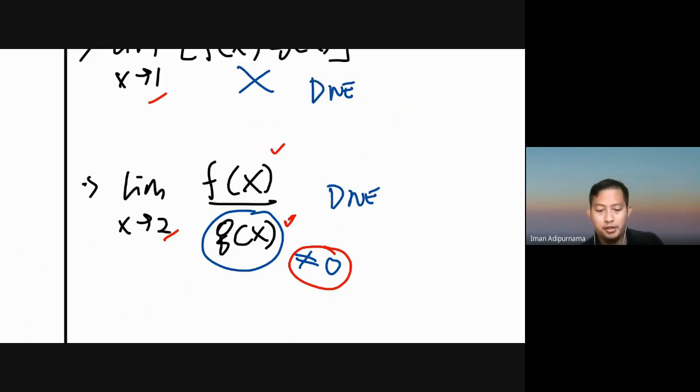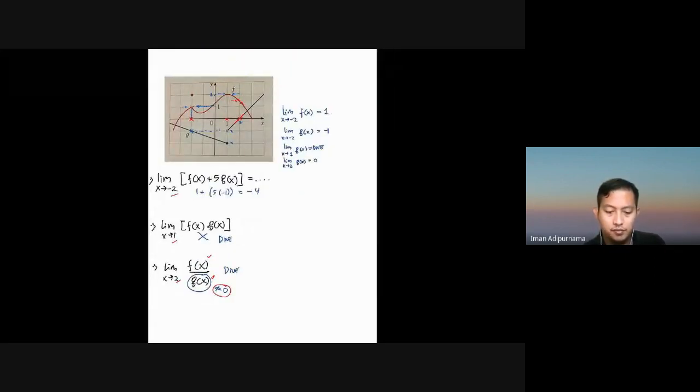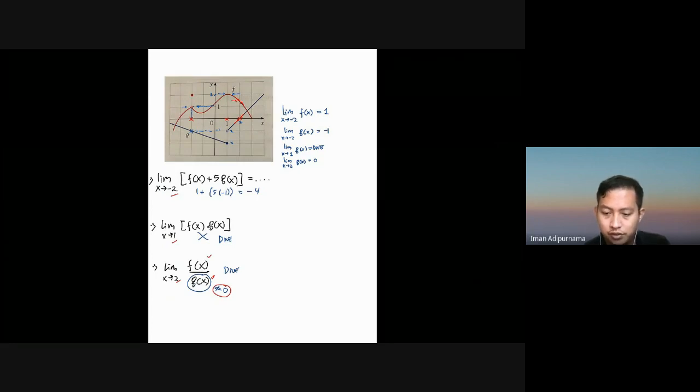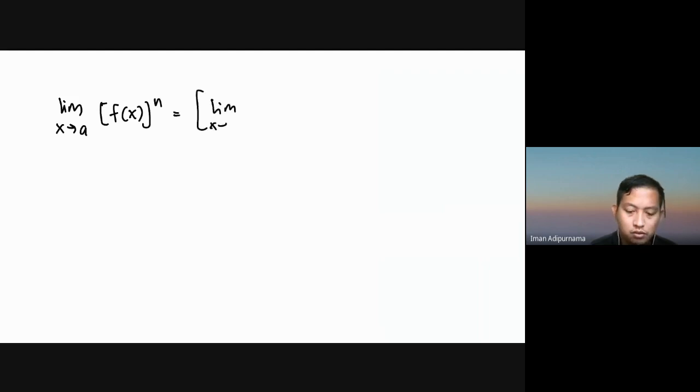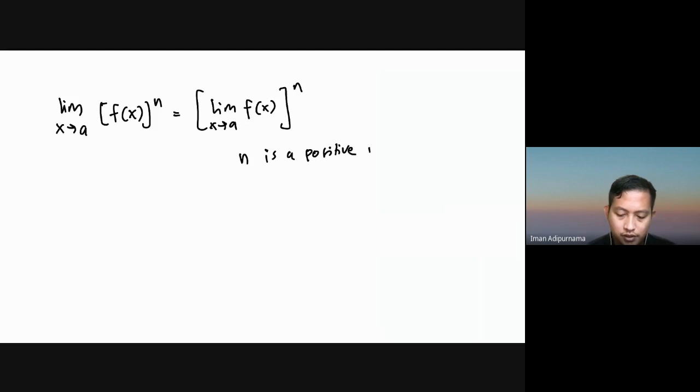And the other part here, for the limit law, aside from what we have done for plus, minus, multiplication, and division, there are also the exponent, the power law. So if you have a limit, you can write this whole limit inside, and then raised to the power of n, where n is a positive integer.